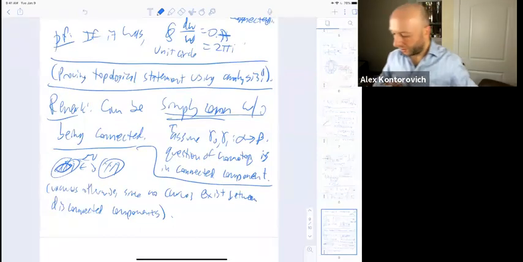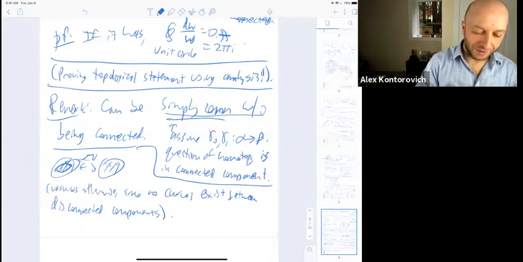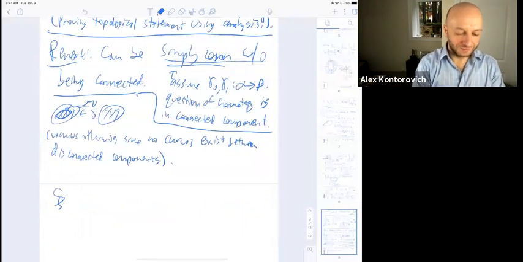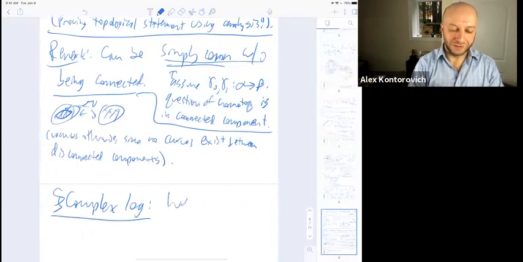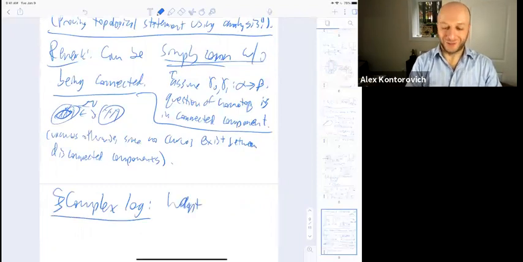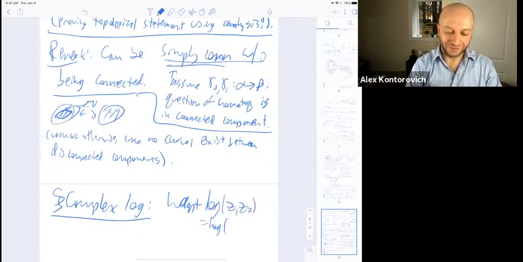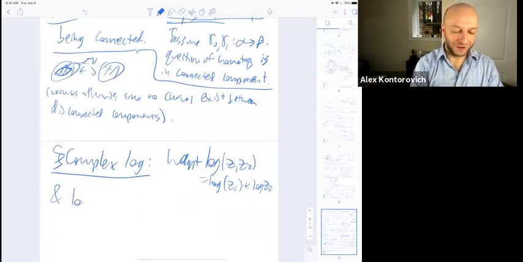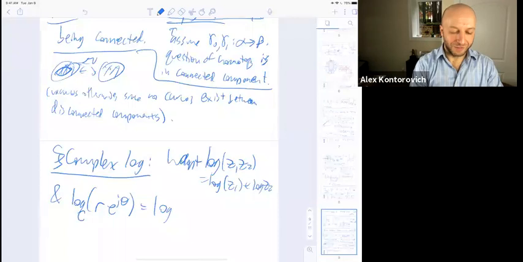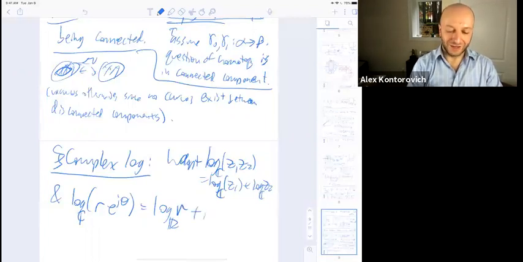Okay, great. Let's get to the complex logarithm. So we would love a complex log. What we want, too much, basically. We want log of z1 z2 to be log of z1 plus log of z2. And we want log of r e to the i theta to be, so this would be the complex log, the real log of r plus i theta.